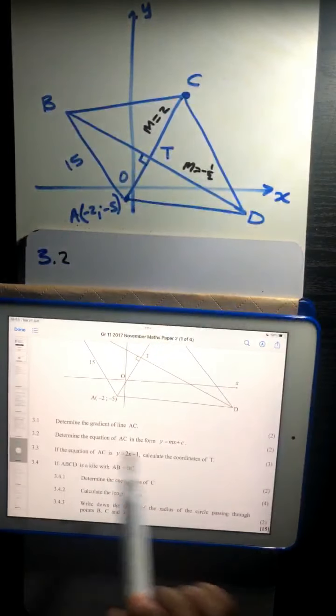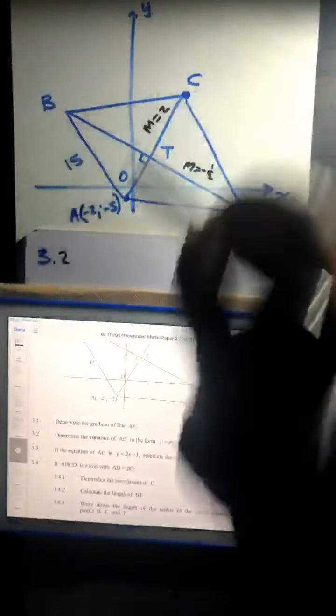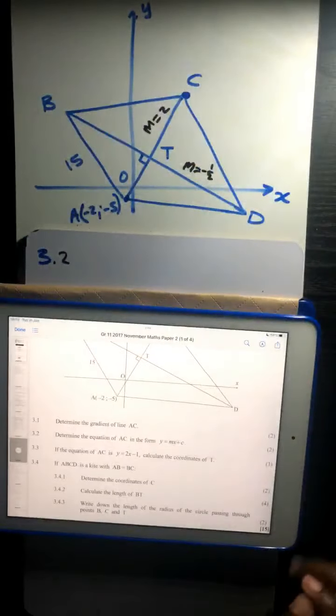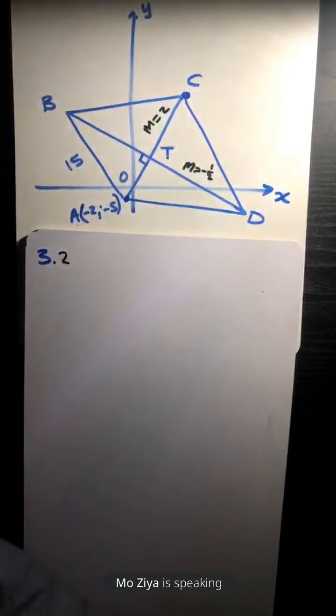So this question wants us to determine an equation of AC. What do we have, or what do we know about AC? Anyone there, ladies and gentlemen? We have coordinates of A and also the gradient on the line AC. So can that be used to answer the question? Yes, we can.